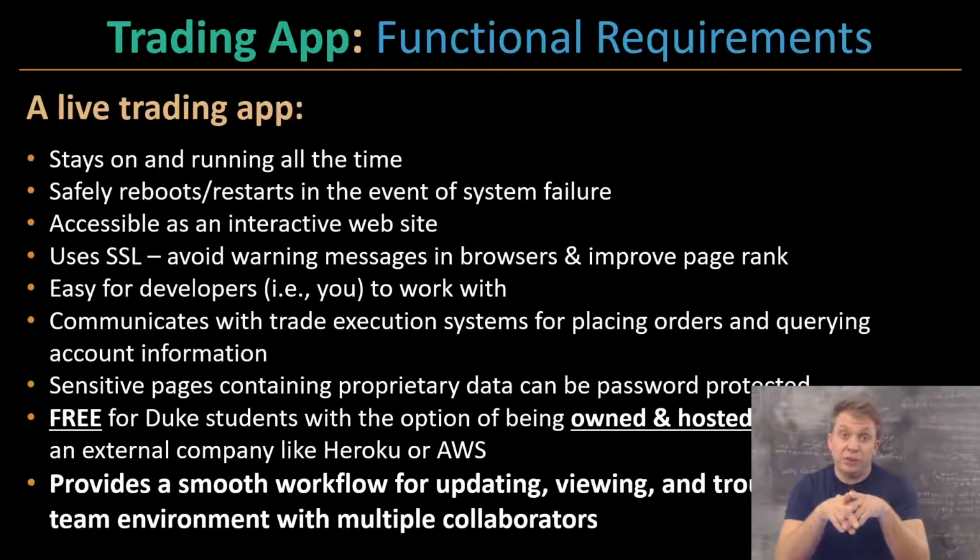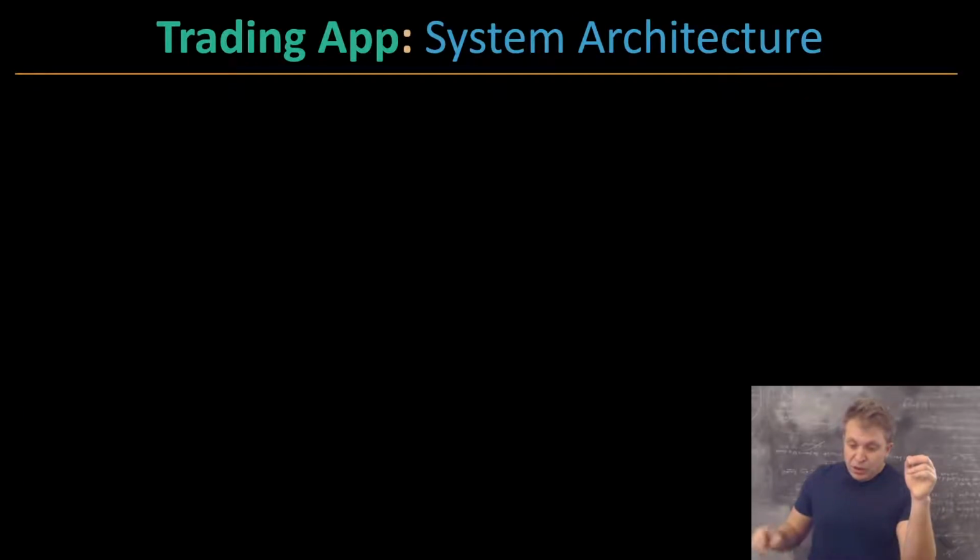That can happen, and it's really irritating. So I want to make the architecture itself conducive to good workflow practices, and that's kind of what I've striven to do here. So let's talk about the system architecture of how we're going to accomplish these objectives.